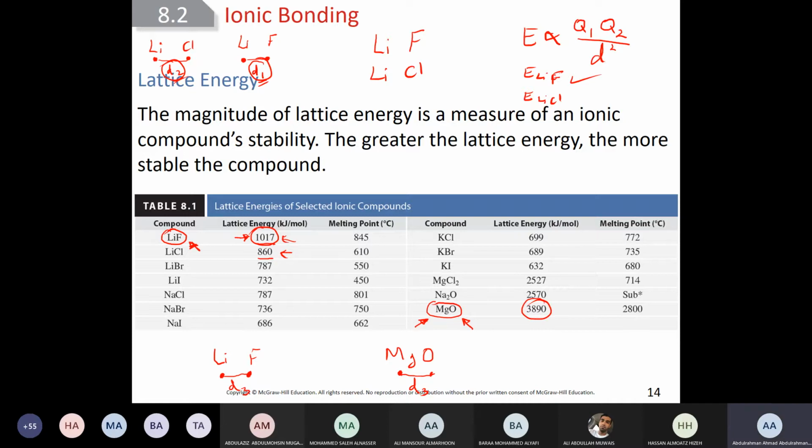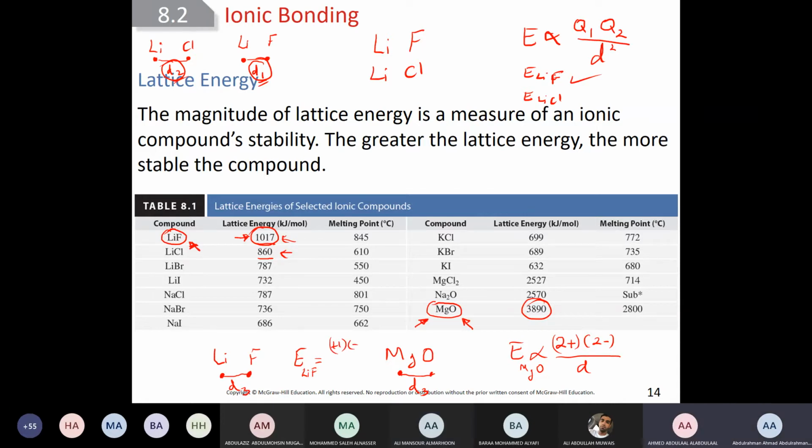MgO is much higher because E is what? Q1 times Q2. For MgO, E is proportional to 2 times 2, divided by D. Compare this to E for lithium fluoride, which is +1 times -1, so +1. How did you know the distance is equal?